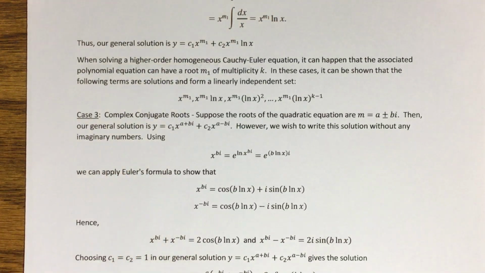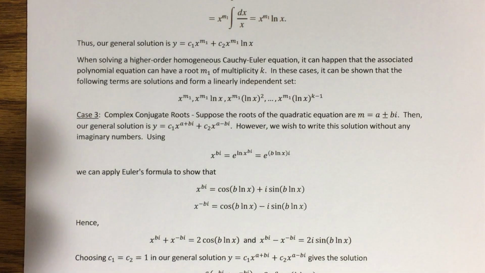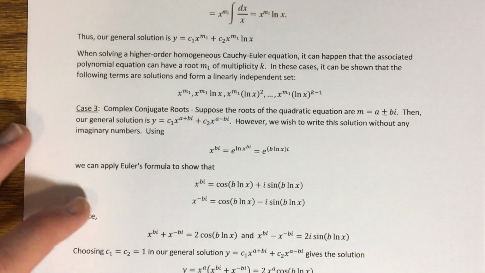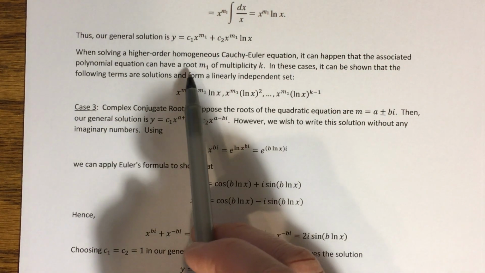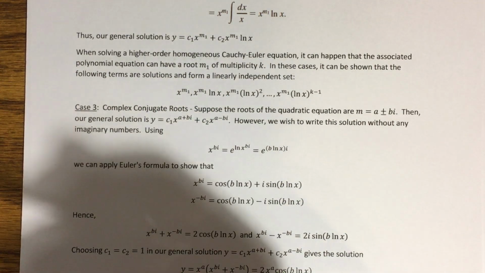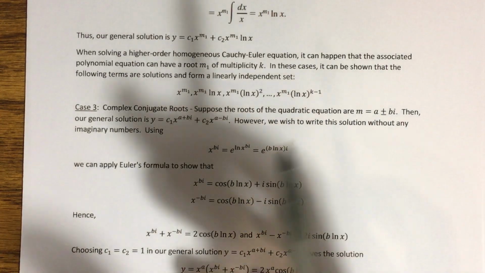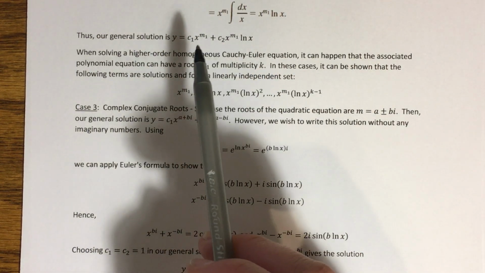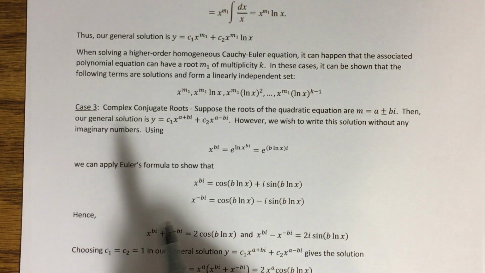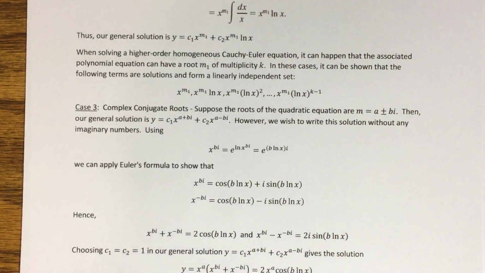Okay? Now, again, I did say we're focusing on second order equations to start with. However, we will apply these things to higher order equations. And similar to what we saw in section 4.3, if you're looking at a higher order Cauchy-Euler equation, a homogeneous one, it's possible to get these repeated real roots, m1 in this case, with a higher multiplicity than 2.